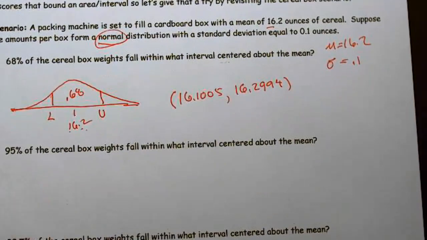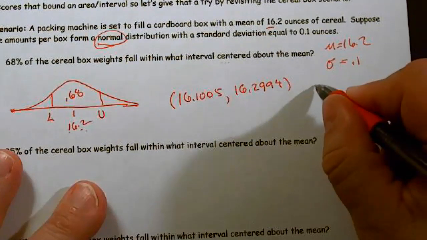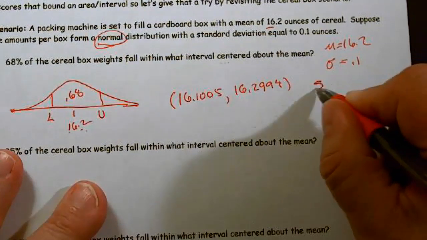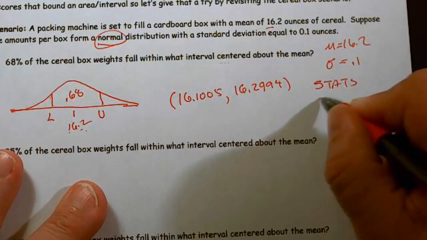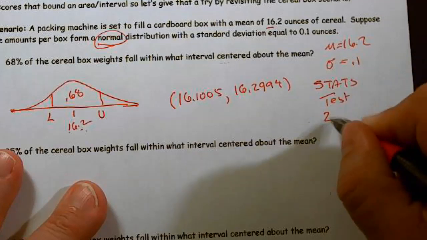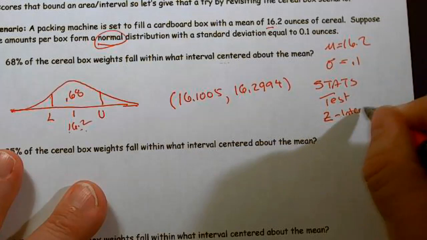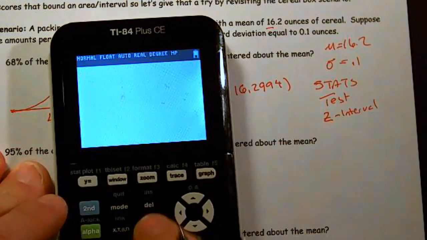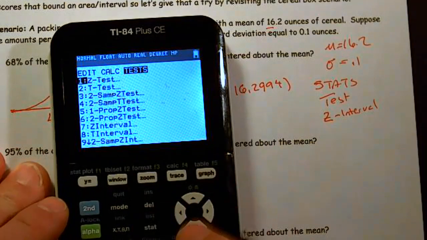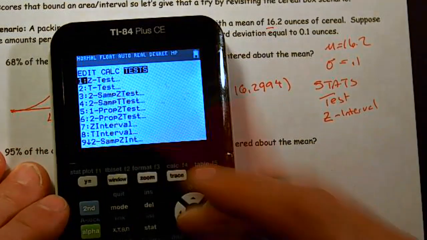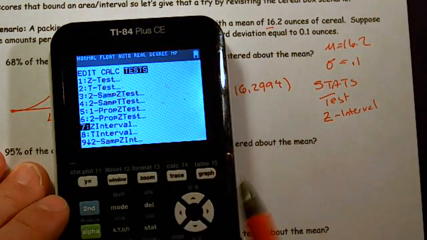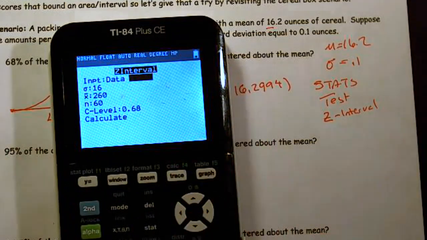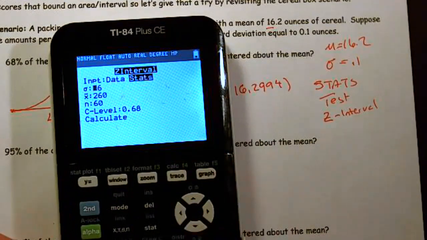All right. We can also do this one other way, and this would be using a stats test Z interval. So let's just take a look at that real quick. We're going to go stat, test, and then we're going to scroll all the way down to number 7. What was my standard deviation?